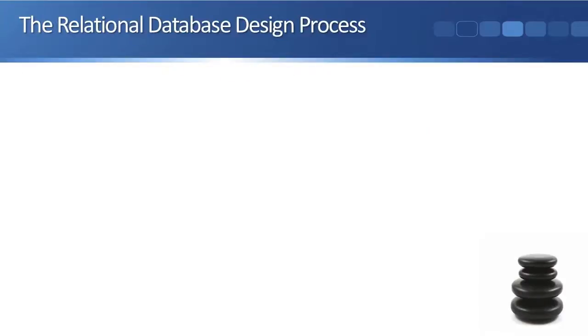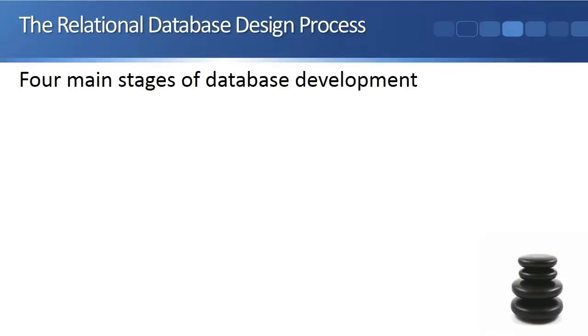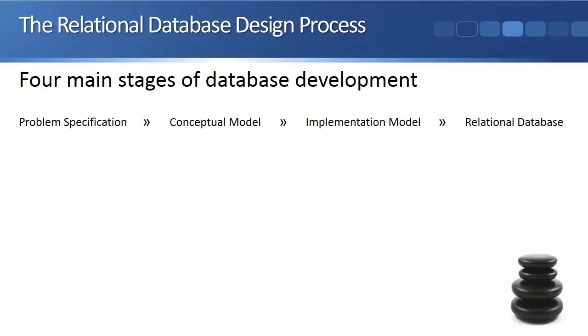The Relational Database Design Process. The 4 main stages of database development are the problem specification, the conceptual model, the implementation model, and the relational database. This means that the database design process takes you through 2 different models, the conceptual model and the implementation model.